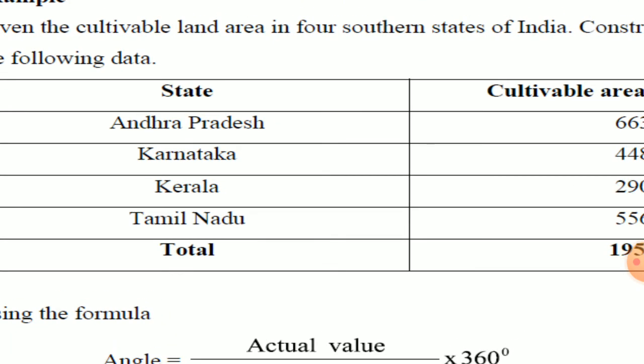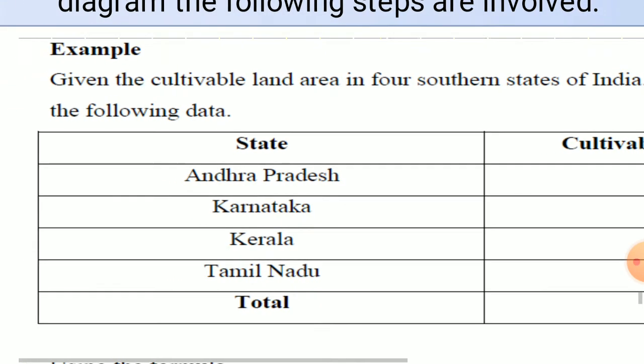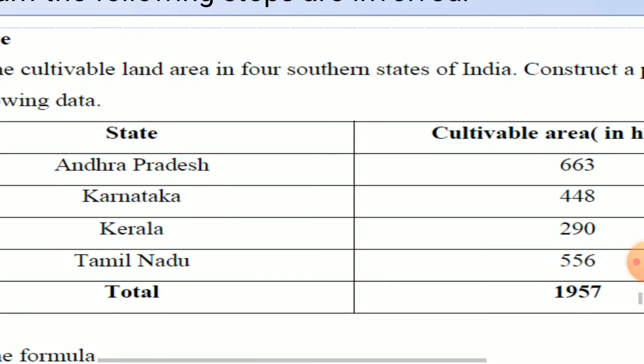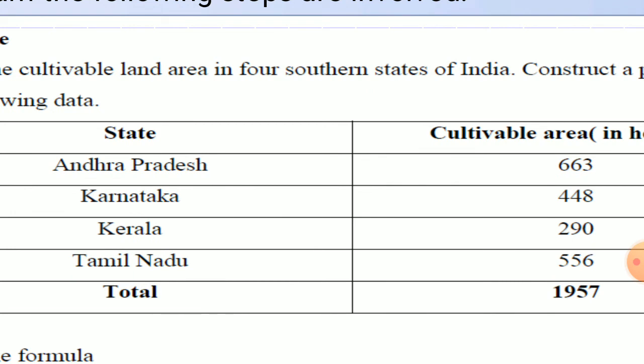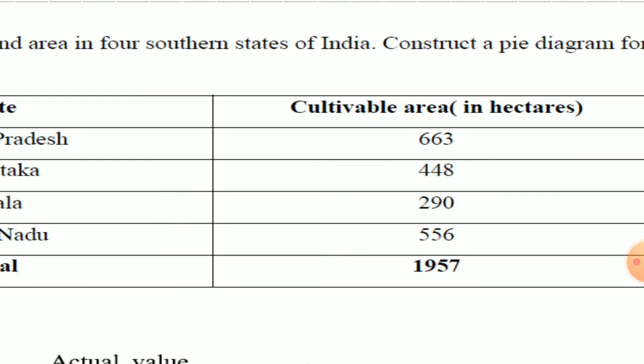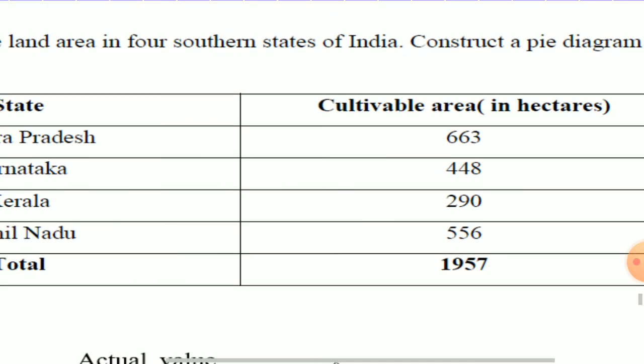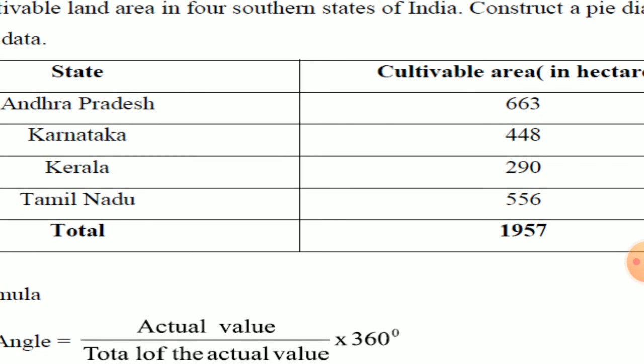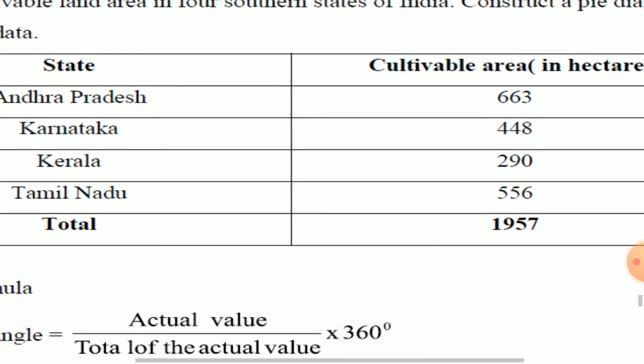Different southern states of India are given: Andhra Pradesh, Karnataka, Kerala, Tamil Nadu, and the cultivable area in hectares is given. The total cultivable area in hectares of the four southern states of India is equal to 1957.